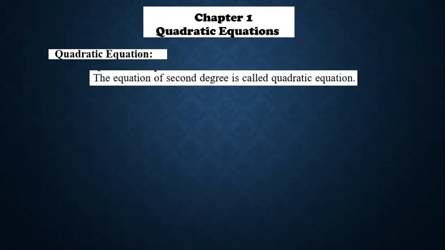The equation of second degree is called quadratic equation. An equation of degree 2 is called quadratic equation. You must first know what a quadratic equation is. The definition is an equation of degree 2.